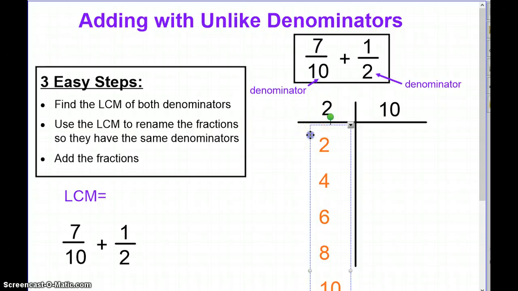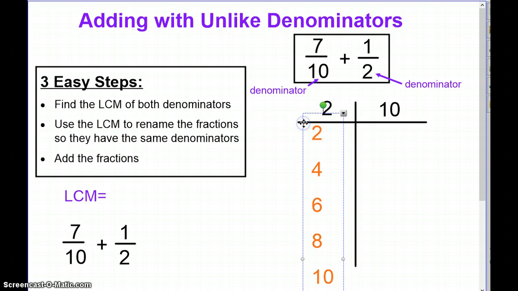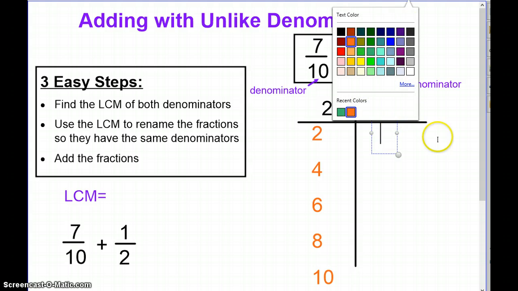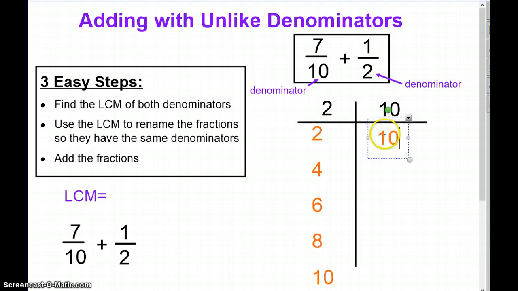I usually try to list at least 5 multiples to start with. Now let's go over here and list the multiples of 10. So we're going to, again, count by 10s. 10, 20, 30, 40, 50. We'll stop there, okay?